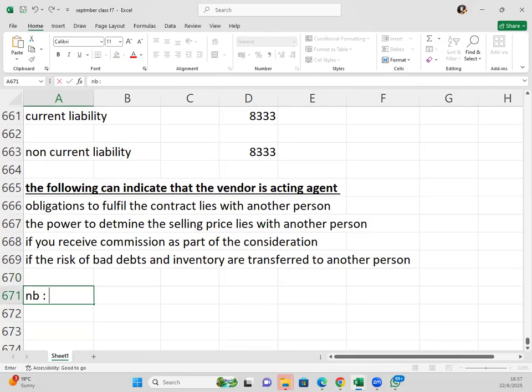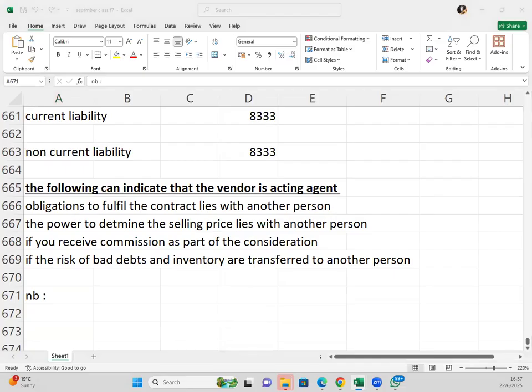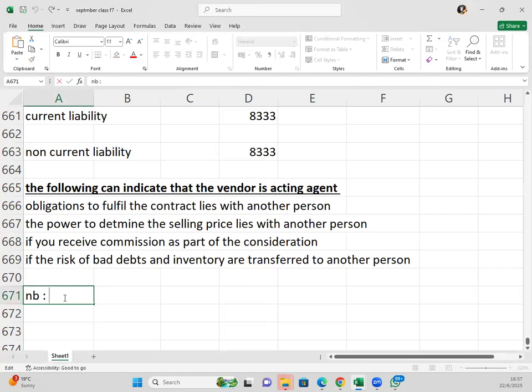So the case I want to talk about is a case where the product is sold on a sell or return basis. So we only recognize it as a sale, provided that the conditions are showing that it will not be returned.